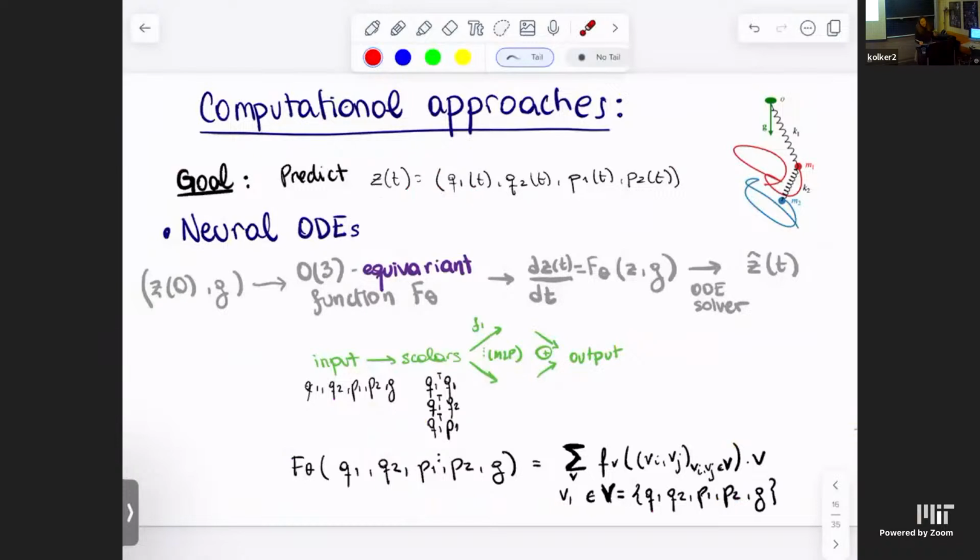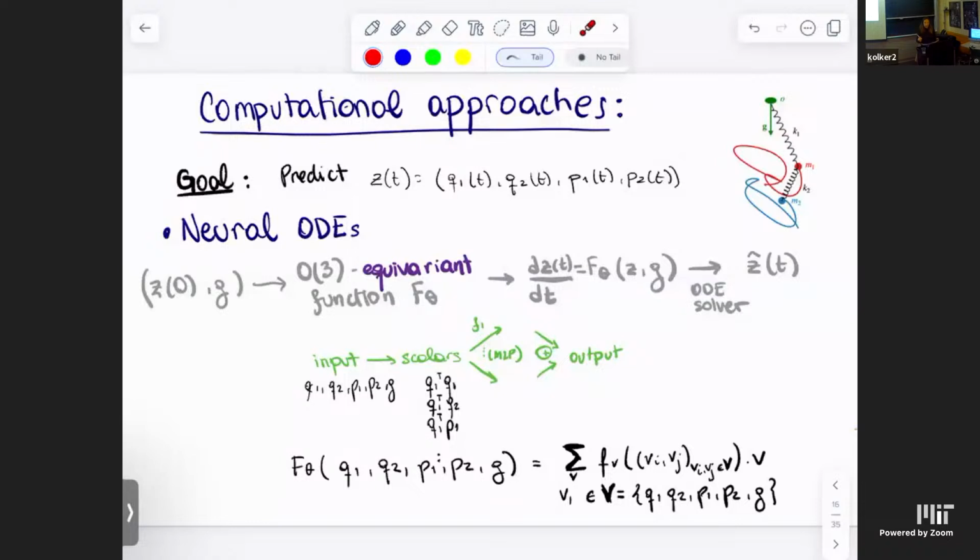And so I can do this learning via a neural ODE. Basically, the idea is I say, well, this model will satisfy some differential equation that I'm going to parameterize as f theta, and this f theta is going to be an O3 equivariant function of my inputs. So I take my inputs, I compute the scalar products, and then I learn functions f1 through fn. And then my output is going to be a linear combination of these objects.